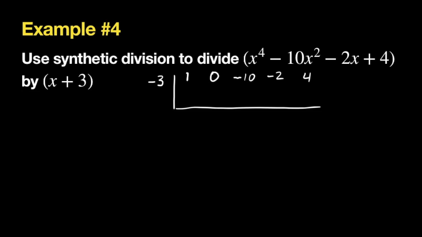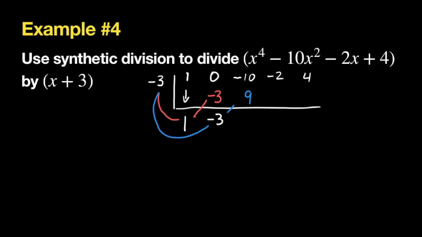We bring down the 1 as our first step, and now we multiply negative 3 times 1, and we're going to put that up there, and we get negative 3. 0 minus 3, we get negative 3. Negative 3 times negative 3, we get positive 9.